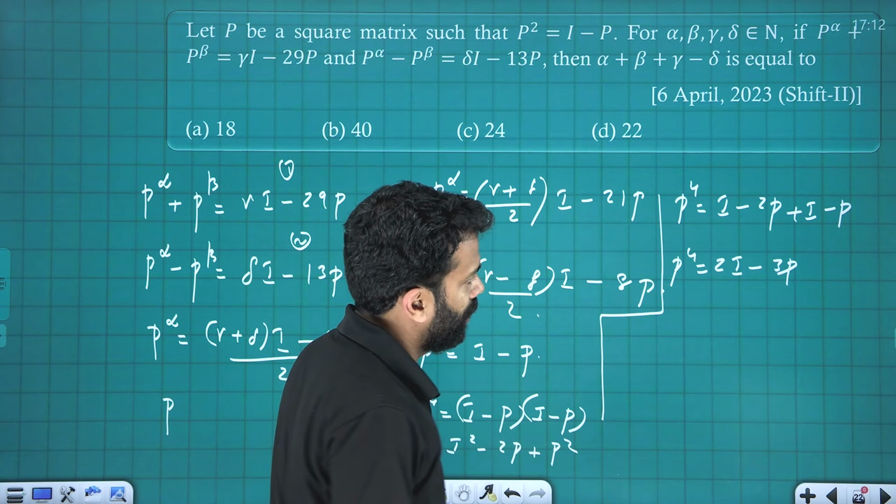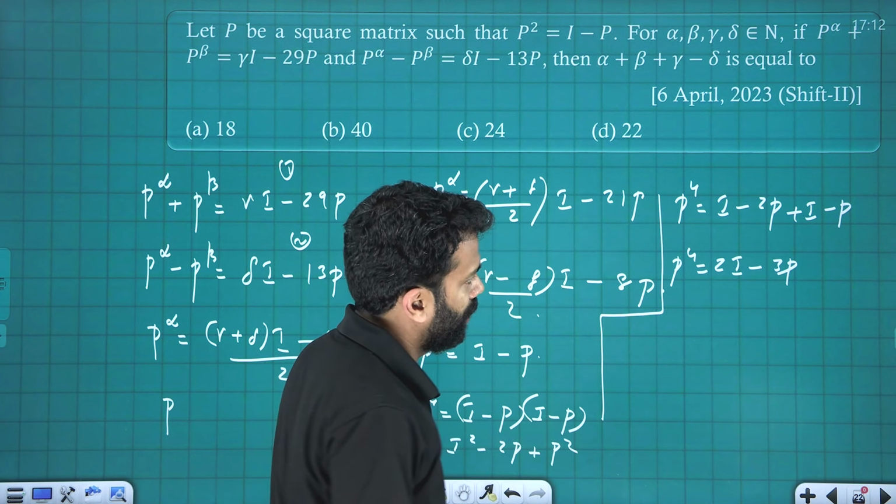Okay, and p raised to 8 is equal to, what is 2i into 2i? 4i square, that is 4i. Okay, that is minus 6, that is minus 12p, minus 12p plus 9p square. Okay, that is p raised to 8. I'm going to delete this part, just to copy that if you want.